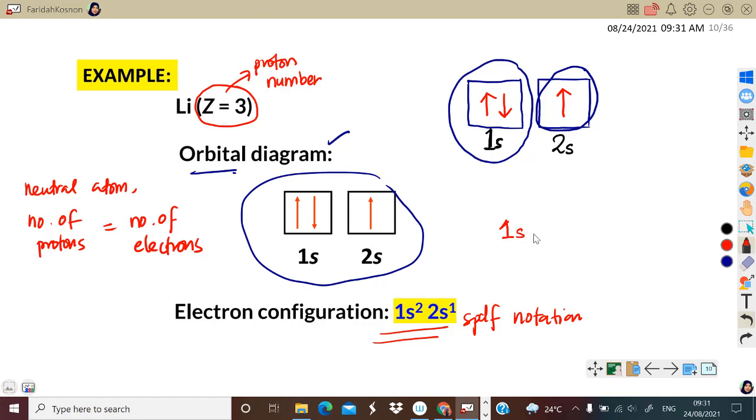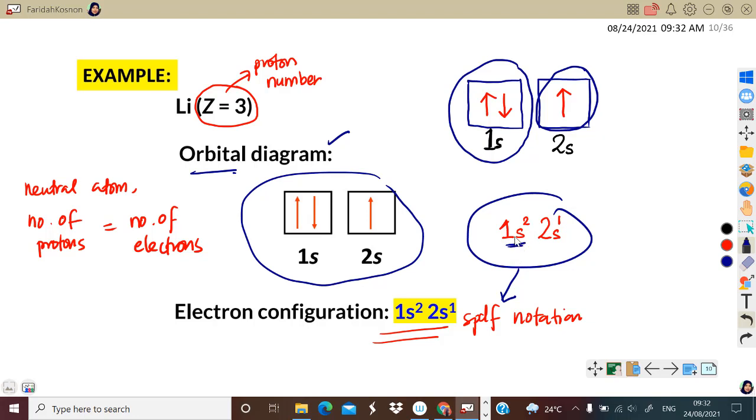Tapi bila kita buat spdf notation, how many electrons occupy 1s orbital? 2. So kita kena buat 1s2 kat sini, followed by 2s1. So ini kita panggil dia apa? SPDF notation.